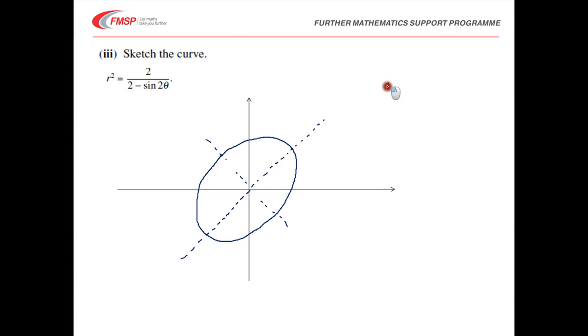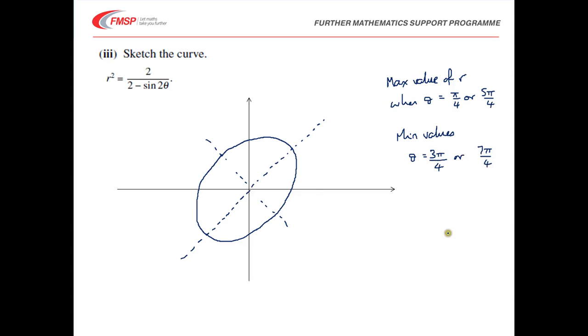So just note max values of r when theta is pi over 4 or 5 pi over 4. Min values when theta is 3 pi over 4 or 7 pi over 4.